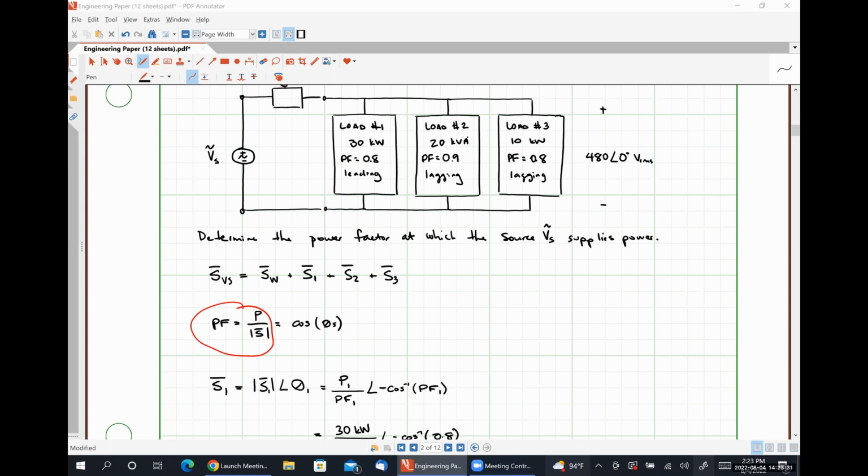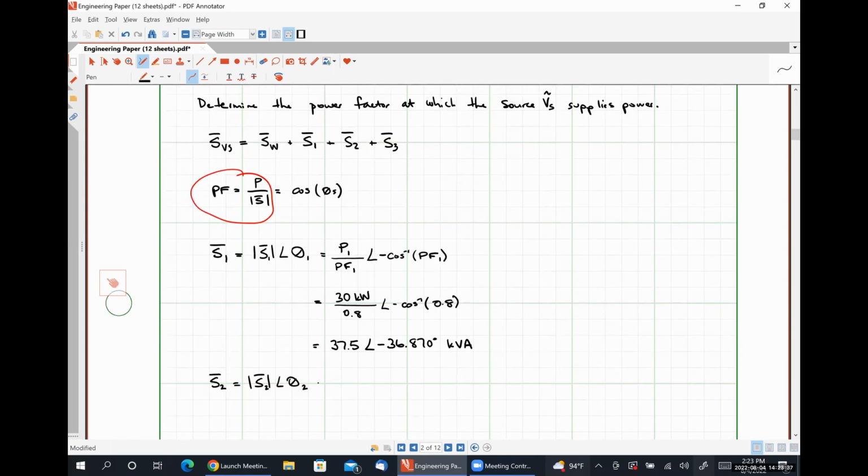Since we're told that it's absorbing 20 kilovolt amperes, we already know what our apparent power is. It's literally just 20 kVA. And then our angle is going to be the inverse cosine of our power factor, which in this case is 0.9.